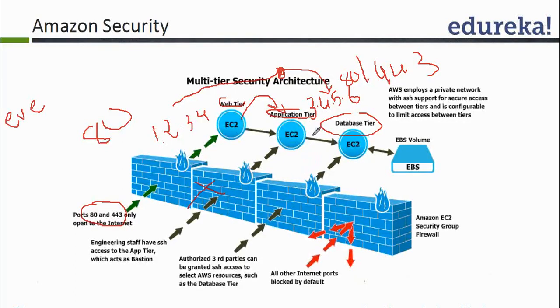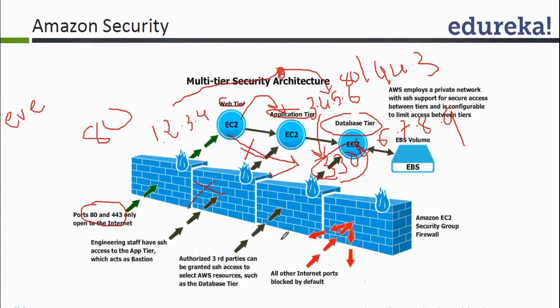Same way, I have my database tier. The database tier would have an IP 6.7.8.9. And I have opened port 3306, I think that's the MySQL port, the database port, only for the IP address 3.4.5.6. Even my web tier cannot connect to my database directly.